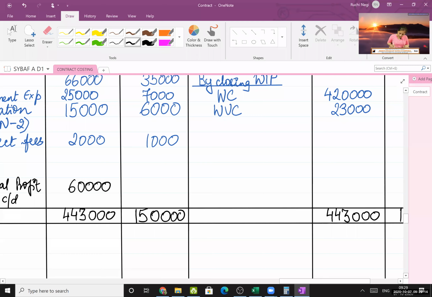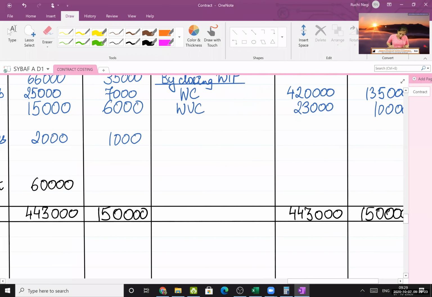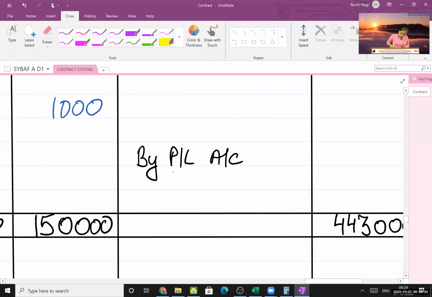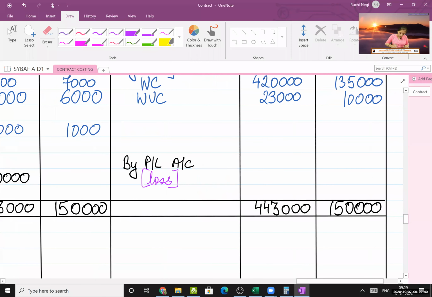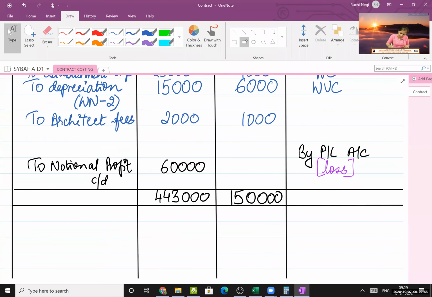So we cannot write notional loss. We will transfer the balance to profit and loss, loss on contract. How much? Difference 5,000. 5,000 here, and here there is a profit of 60.